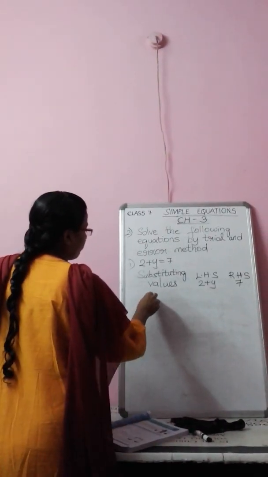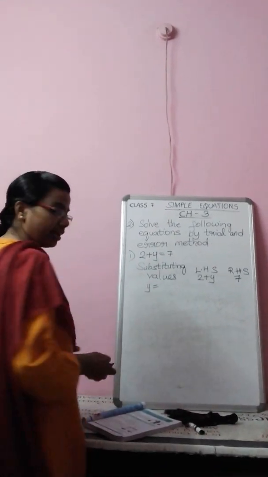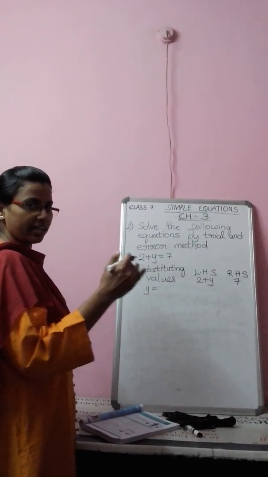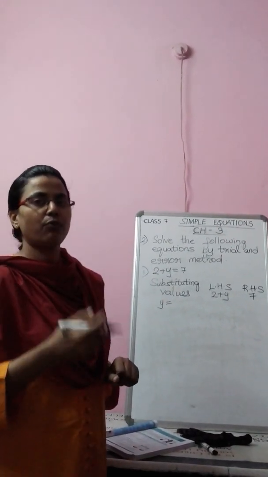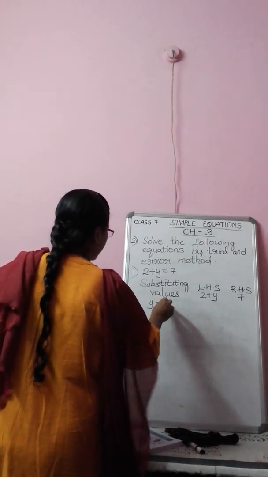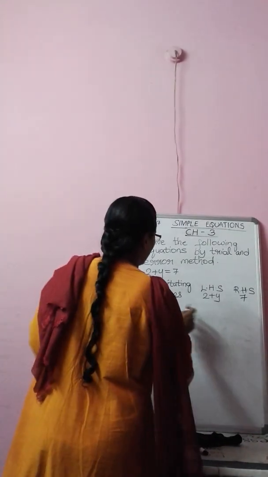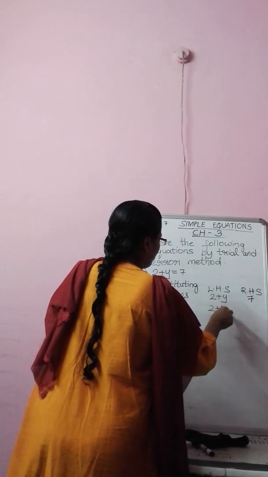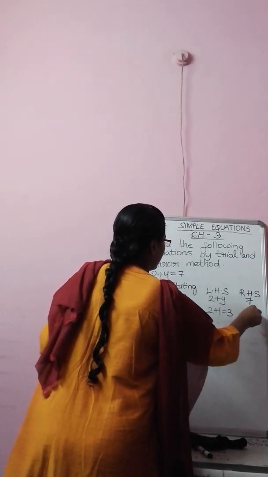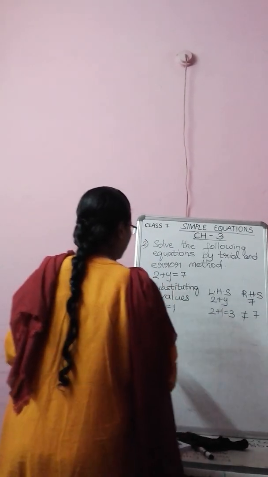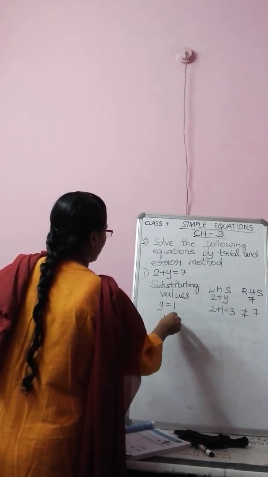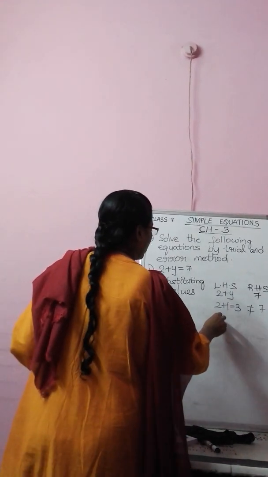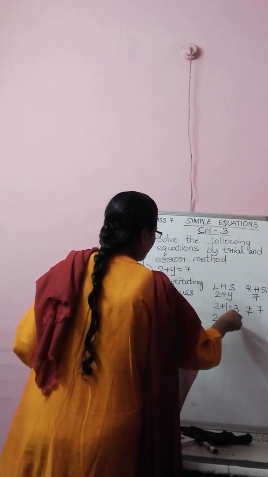Now, take the value of y. What shall we take? We will take in an order. 1, 2, 3, like that we will take and see. Y is equal to 1. 2 plus 1 is how much? 3. Is 3 equal to 7? No. Y is equal to 2. 2 plus 2 is how much? 4.